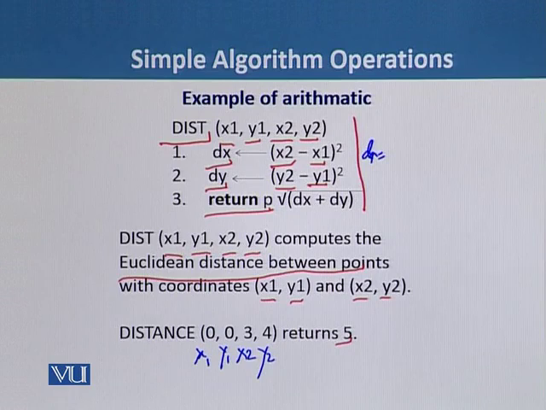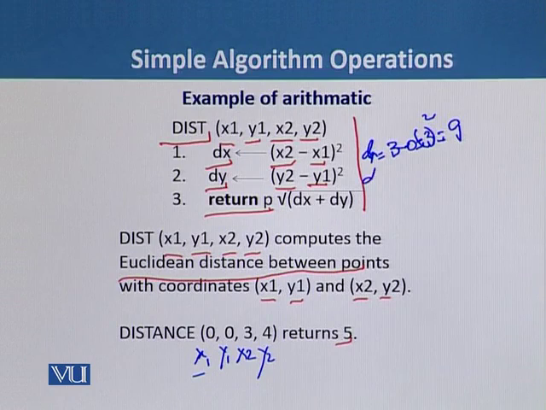So dx in this case, x2 is 3 minus x1 is again 0, and 3 minus 0 is 3. Then we have to take the square of this one, and if we take the square, we will get the value of 9.